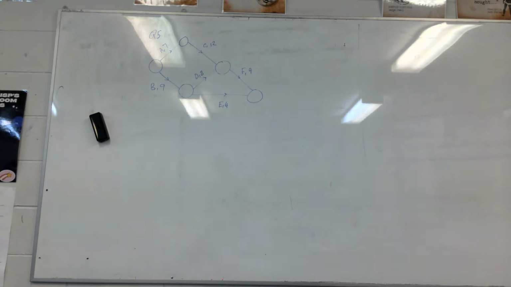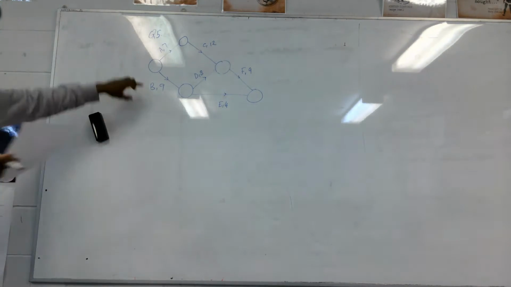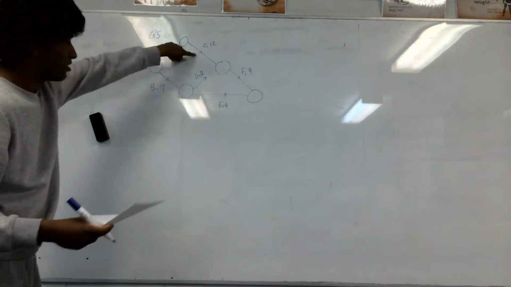Alright guys, question 5. So you've got this network, and part A is do the forward scanning, part B is do the backward scanning, and then part C identify the critical pathway. I am going to mention one thing that I forgot to mention in class when we started critical pathways, is that notice how they've got arrows.